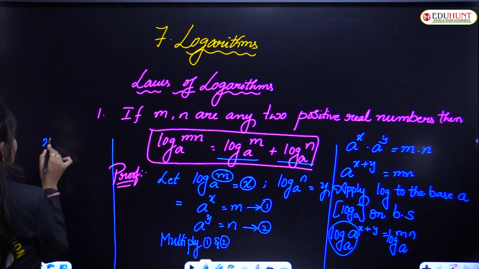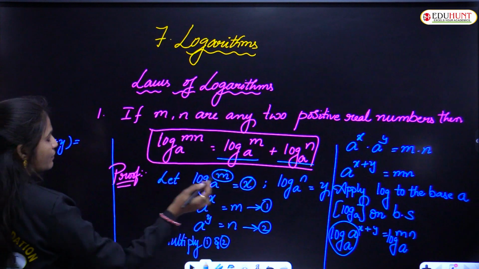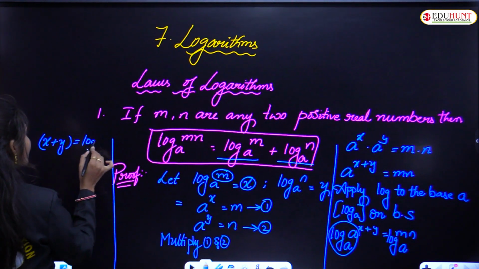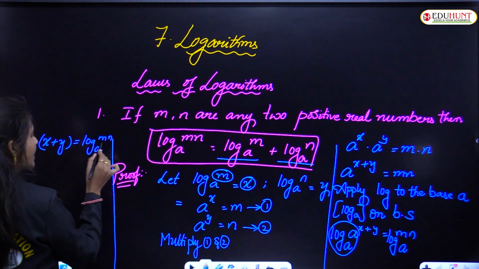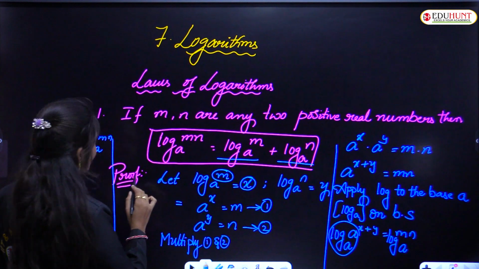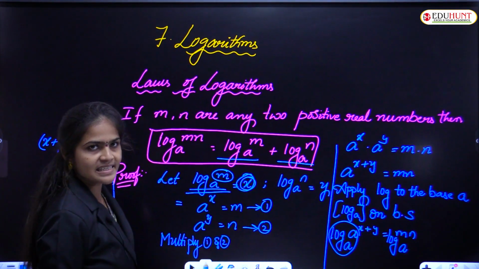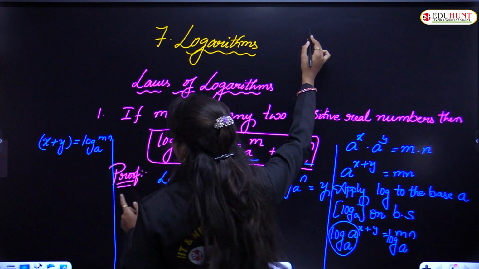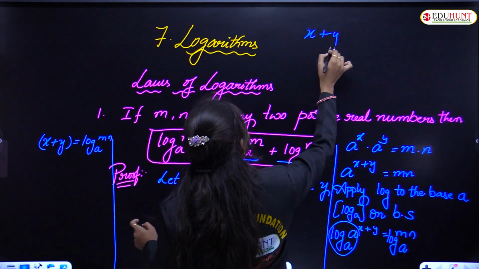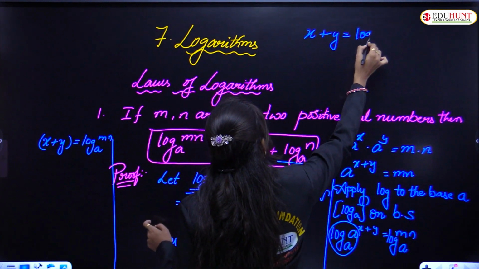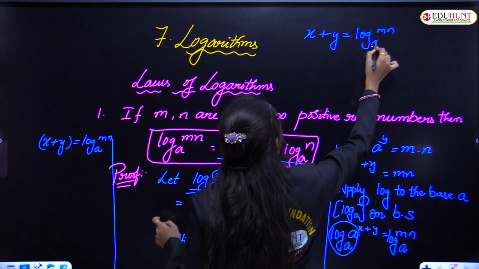So that one becomes x plus y here. So x plus y is equal to log mn to the base a.